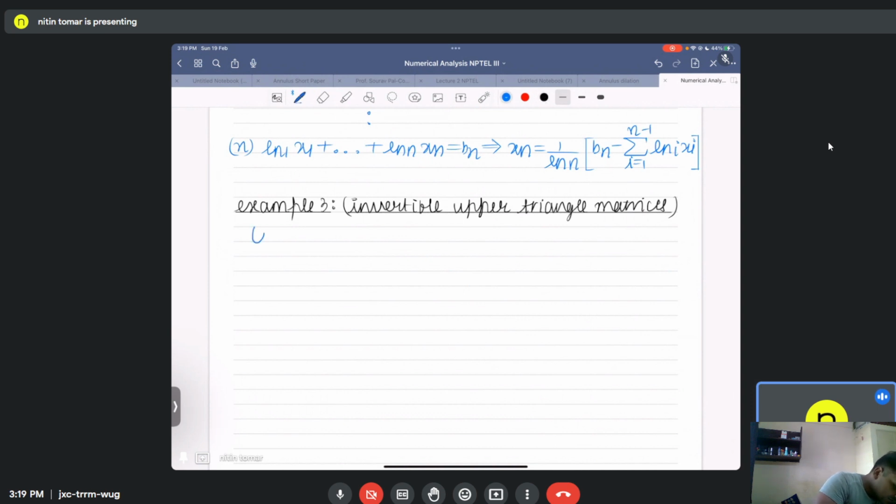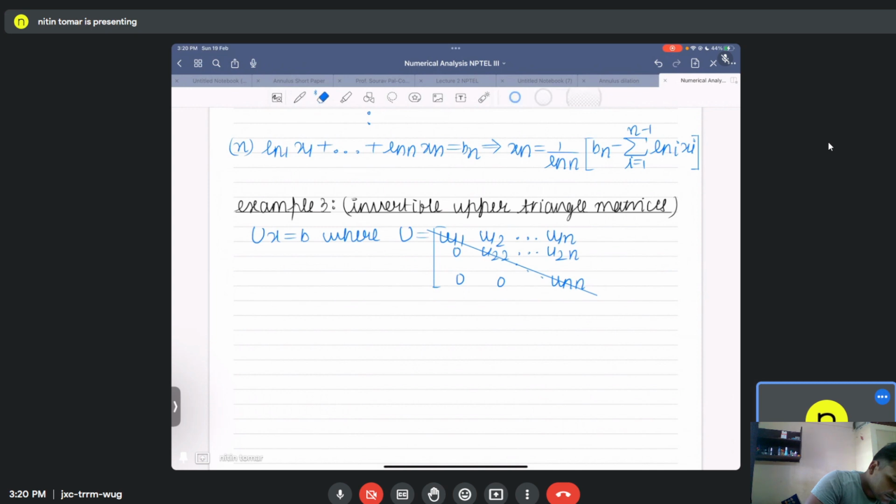So if you have, let's say, Ux equal to v, where this U is U11, U12, U1n, U22, and Unn, and here everything below the diagonal is 0. So here you will have x1, x2, xn.